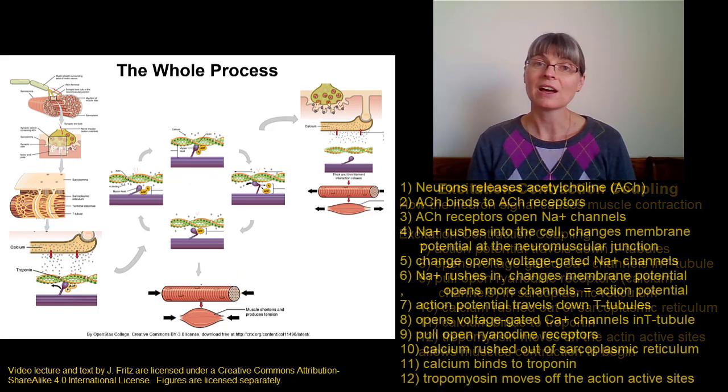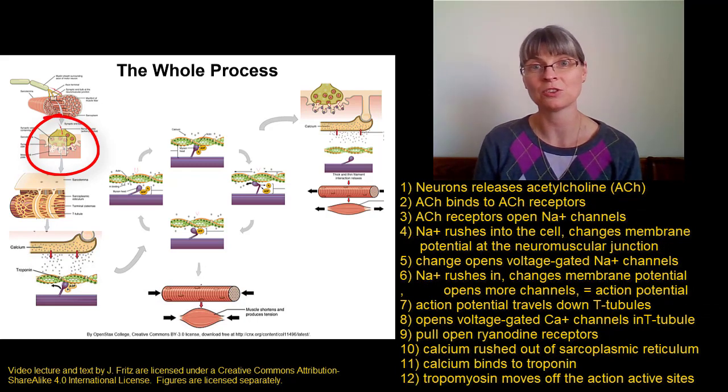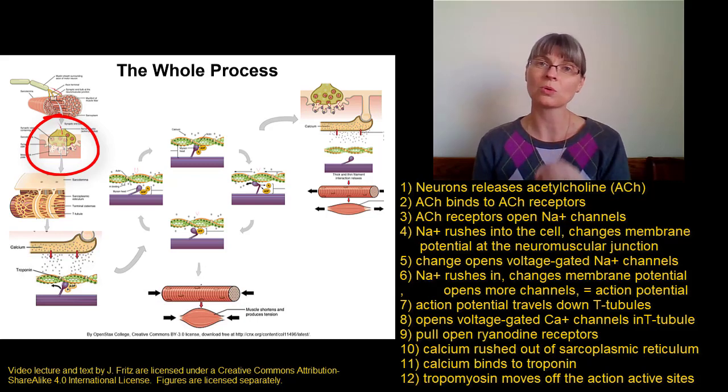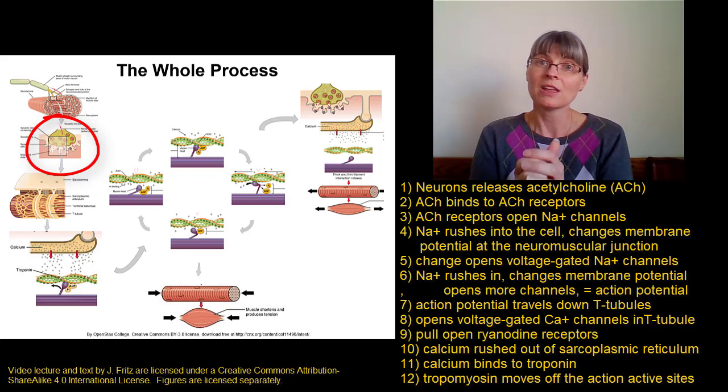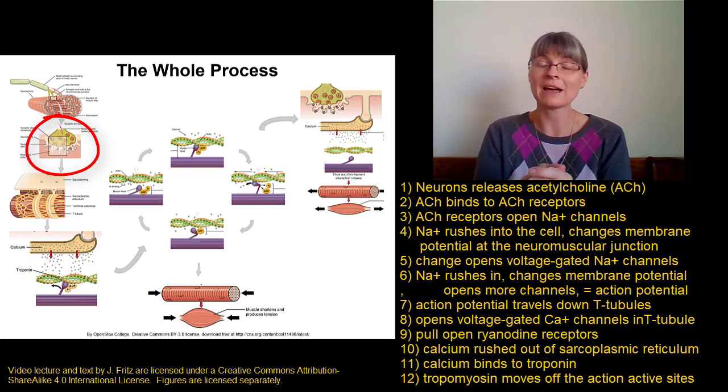We start with a neuron that releases acetylcholine into the synaptic cleft at a neuromuscular junction. That acetylcholine binds to acetylcholine receptors in the motor end plate of the muscle fiber. Those receptors are sodium channels, and when acetylcholine binds to them, they open.